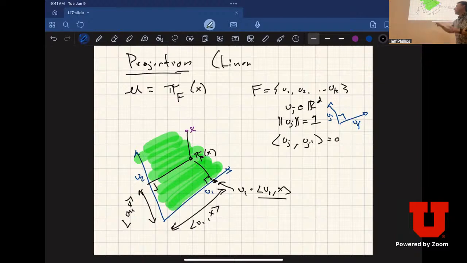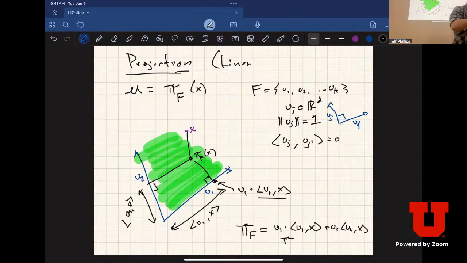Okay, and because u1 and u2 are orthogonal, I take these two components and I add them up. So pi of f is going to be equal to u1 (u1 dot x) plus u2 (u2 dot x).